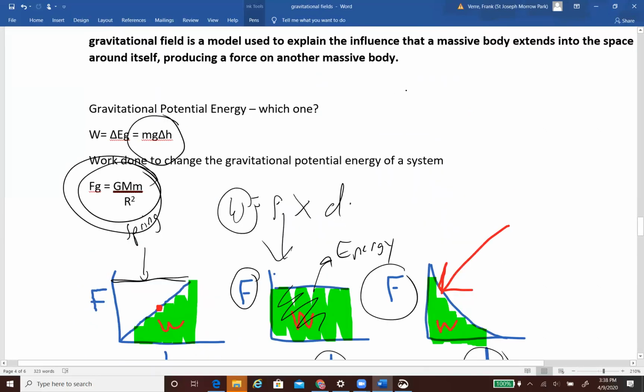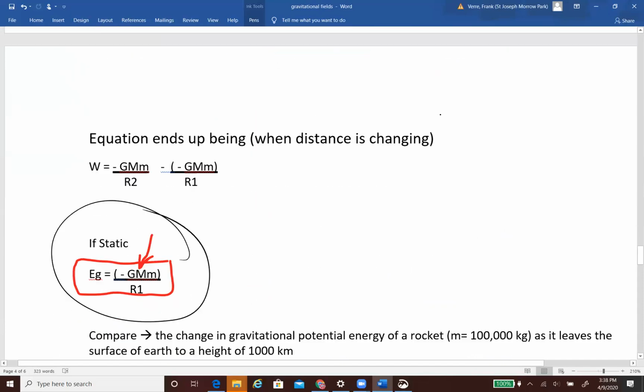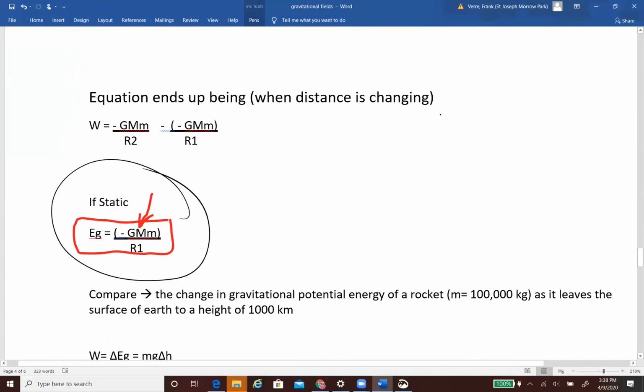It works okay for small distances, right? But if the distances become too big, that equation doesn't work so well, and that's because little g changes as you get further and further from the surface of the Earth.